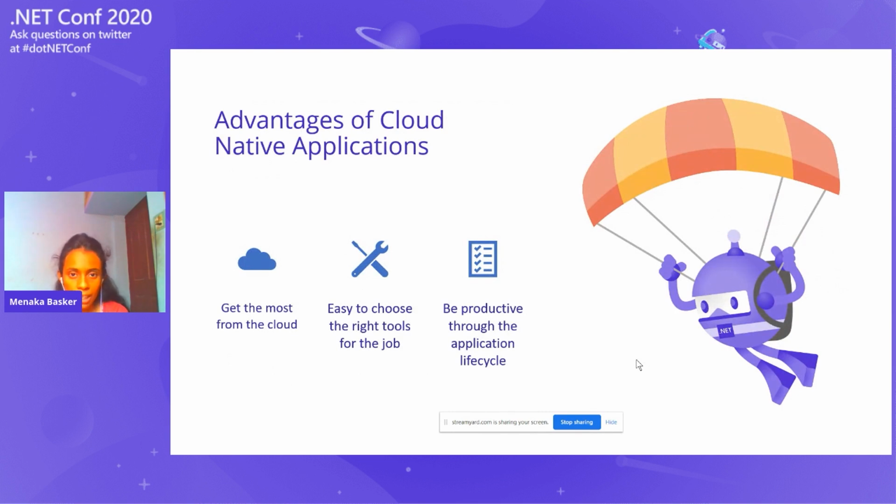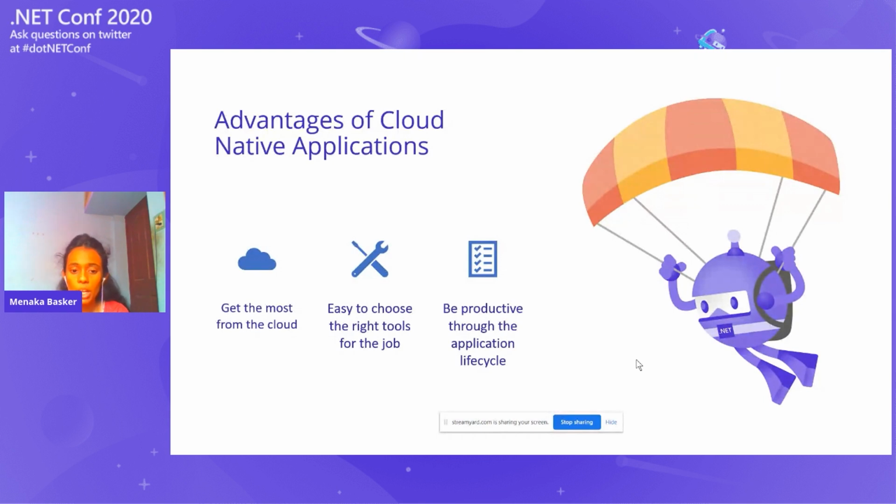So everything from the cloud, it's a simple phrase. We can connect to this cloud native application and get everything from the cloud, and it is easy to choose the right tools for the job. For example, I have a .NET Core application which has a DB, so I can enable it from my Azure portal end, and I can choose the tool particularly needed for my application, based on cost, consumption, availability, serviceability, flexibility.